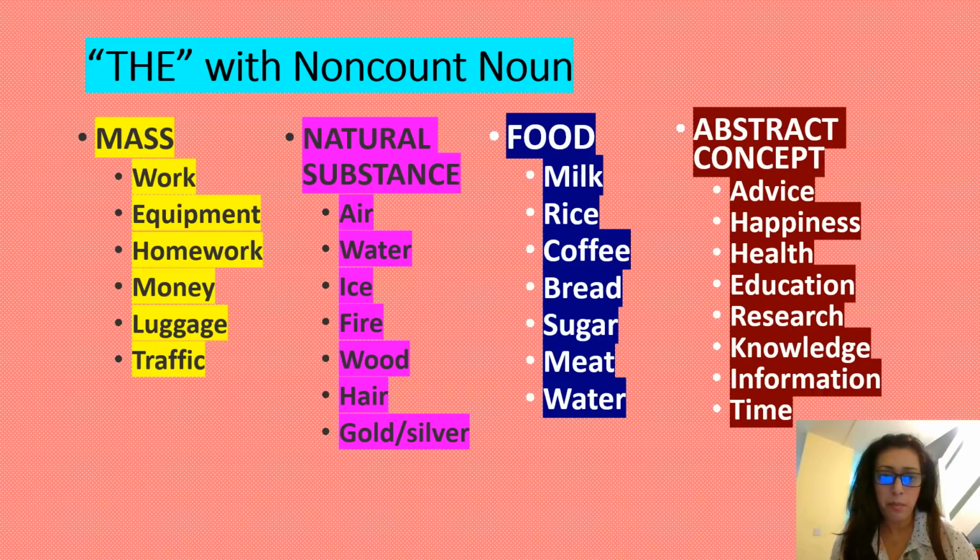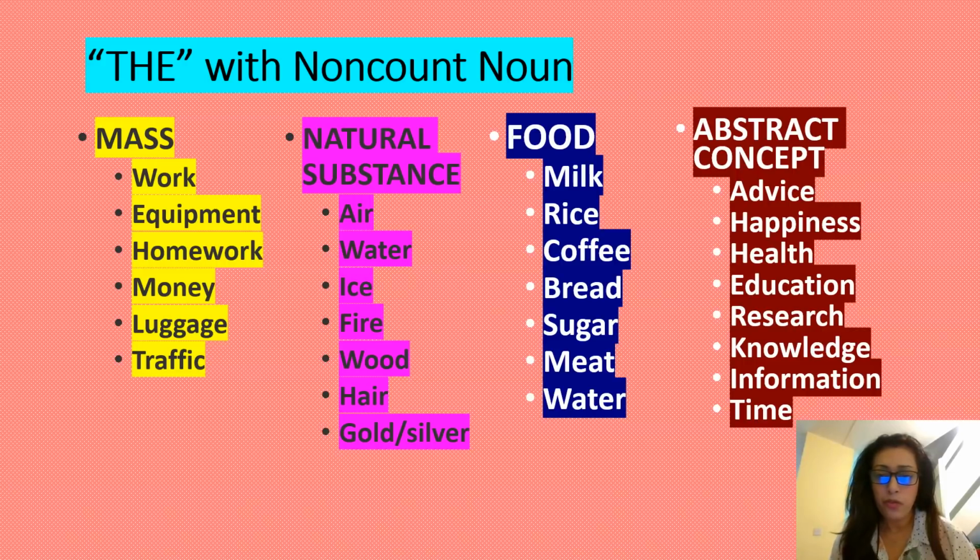The first is mass. For example, we use the with work, equipment, homework, money, luggage, traffic. Then we use it with the natural substance like air, water, ice, fire, wood, hair, gold or silver.